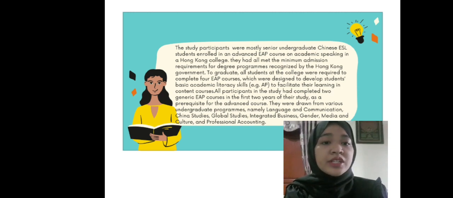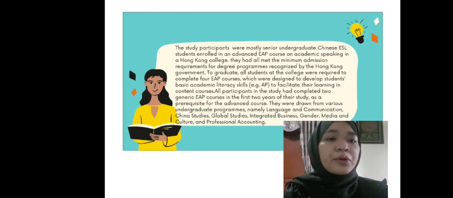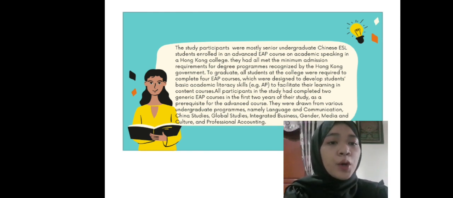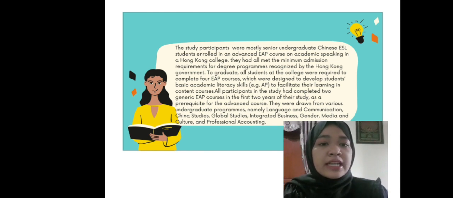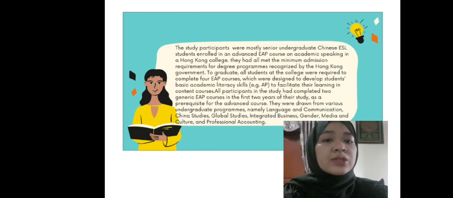For the research procedure, four-degree programs recognized by the Hong Kong government, including level 3 in English in the Hong Kong Diploma of Secondary Education examination, or any other qualification equivalent to an overall band of 5.48 until 5.68 in the International English Language Testing System, or IELTS.